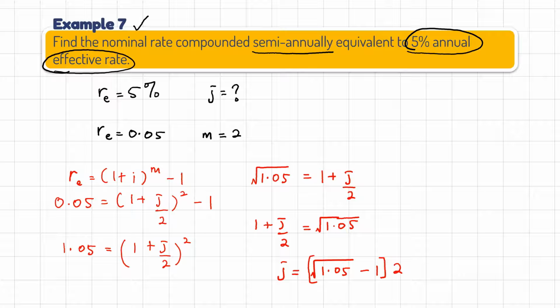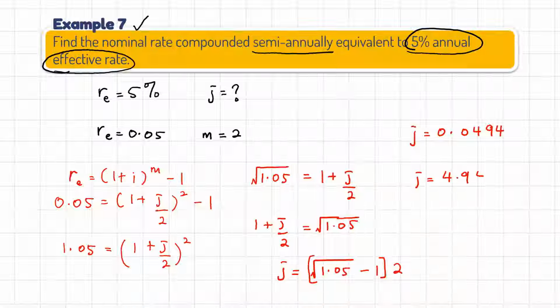Just press your calculator and you will get j equals 0.0494. Express your j in terms of percentage, we will get j equals 4.94%. So this will be our final answer.